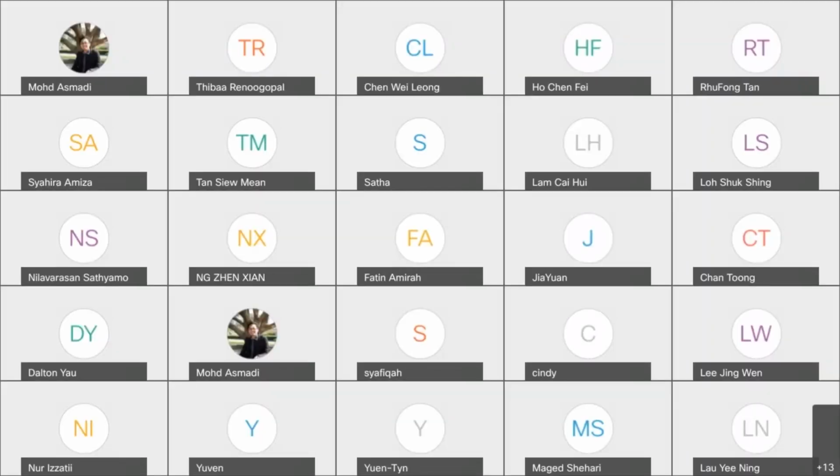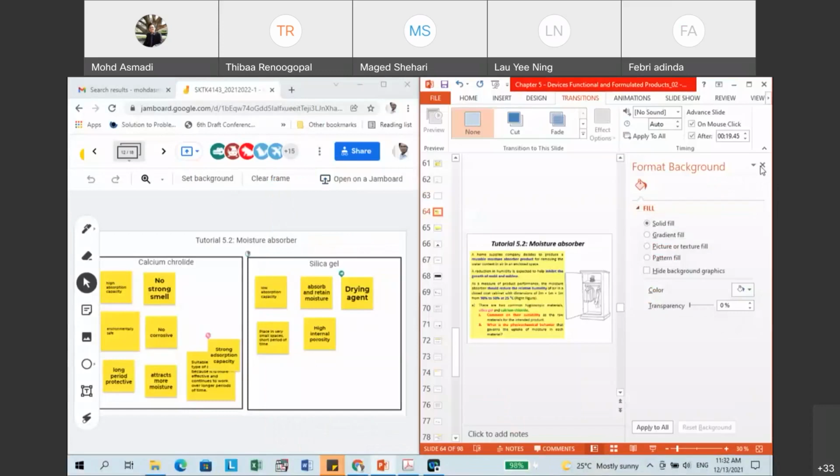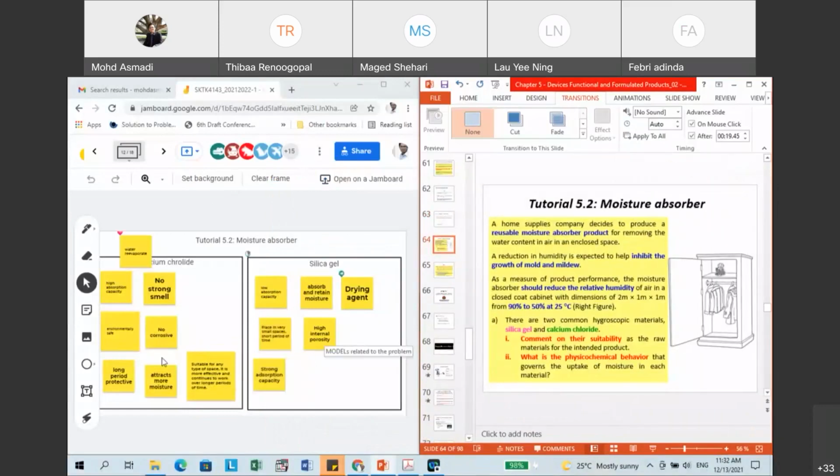Where can we place it? Suitable for any type of space, more effective and condenses over a longer period, right?